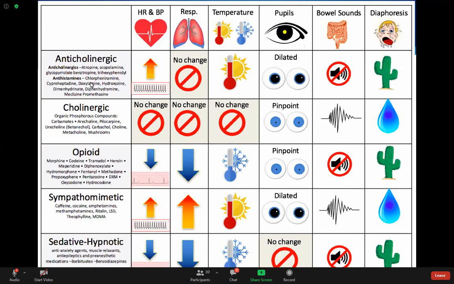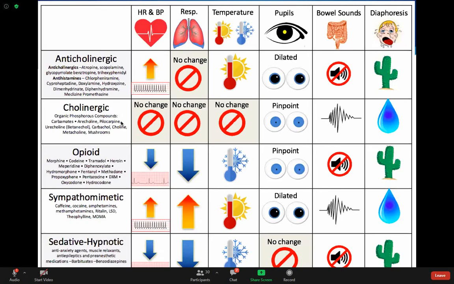Okay, they look like the sympathomimetics here because they both have tachycardia, they may have high blood pressure, both of them more in the sympathomimetics, and they have hyperthermia, they have dilated pupils, but here the bowel sounds are increased, but this is not a reliable feature. What's reliable is the sweating. They will be sweating, while the anticholinergic, they will be dry. This is a good feature to differentiate the two.